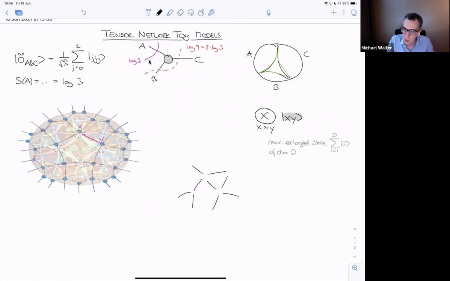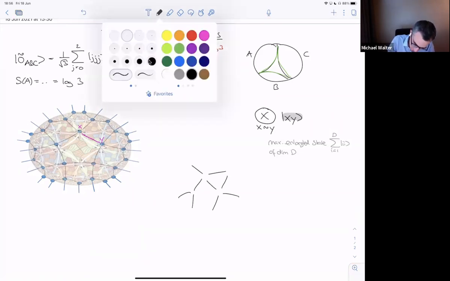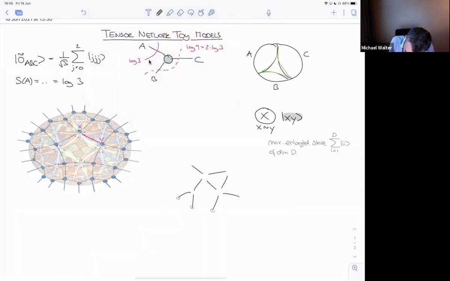So there are subsystems here corresponding to the boundary. Maybe I'll denote them in gray. In my picture, the dangling ones maybe look like so.